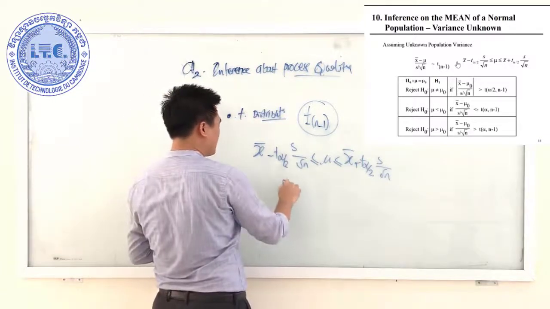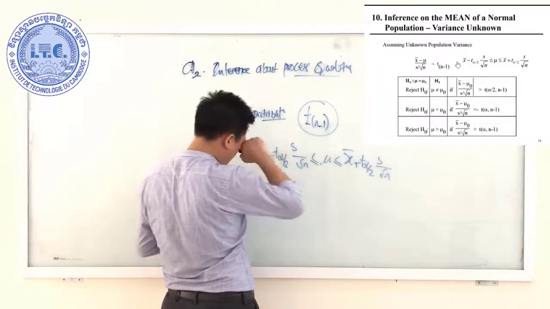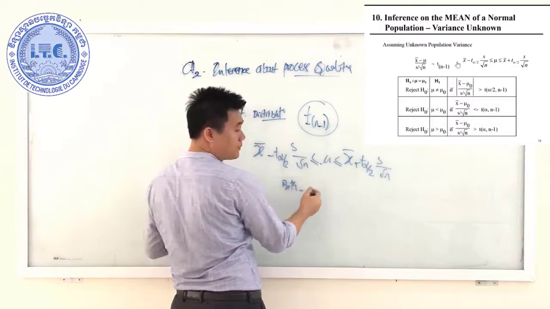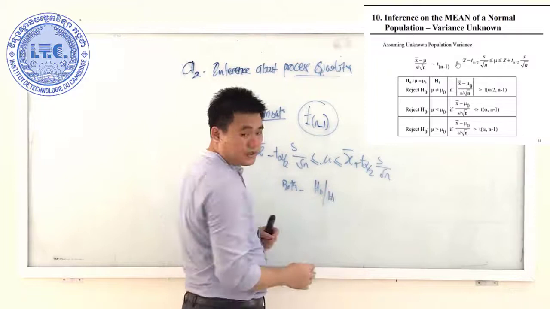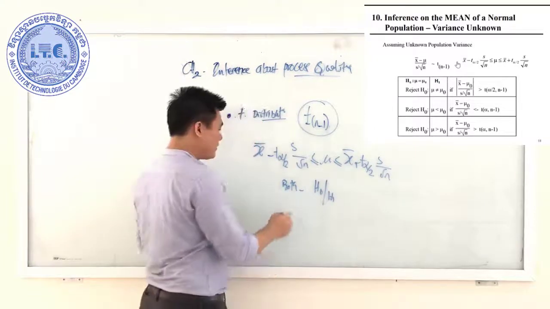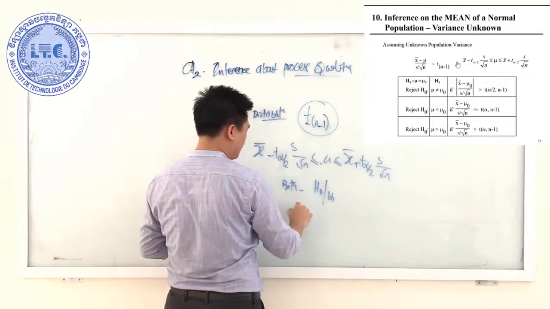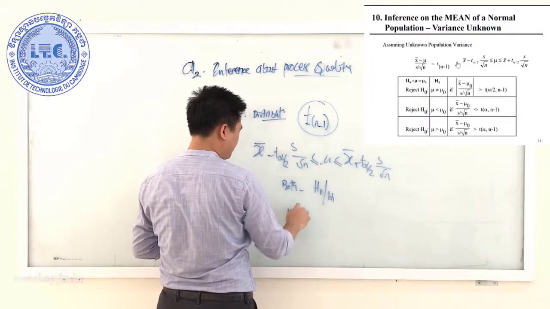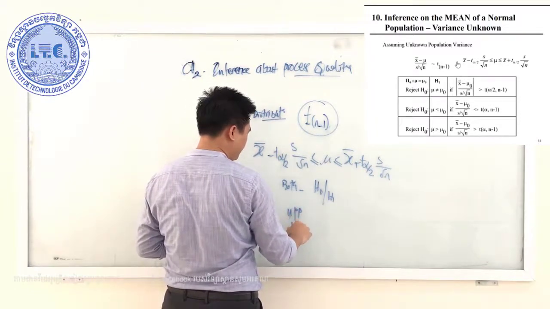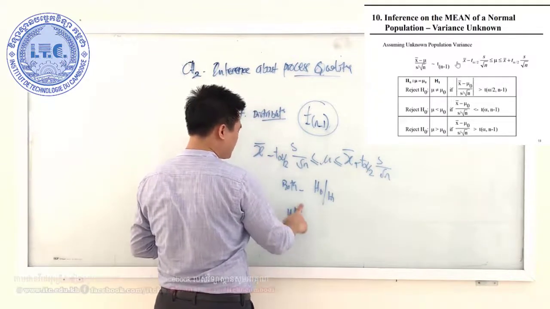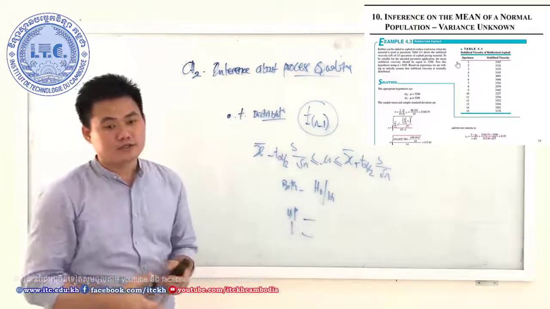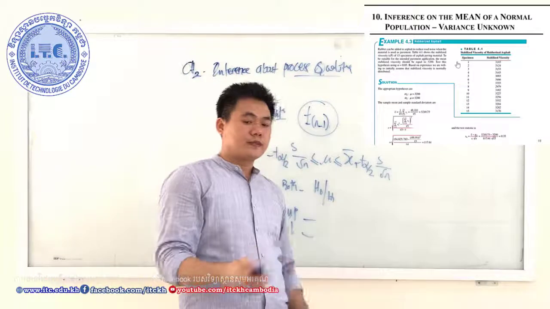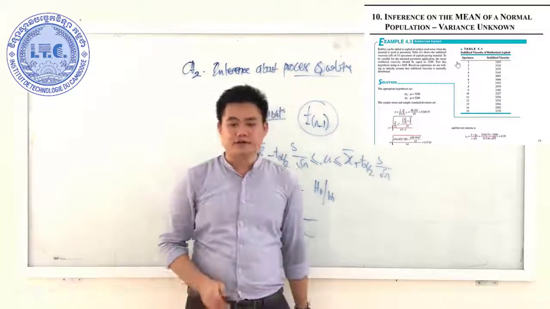We have both sides, H0, H1, upper side, lower side. It is almost the same as the normal distribution, but you use a different distribution.